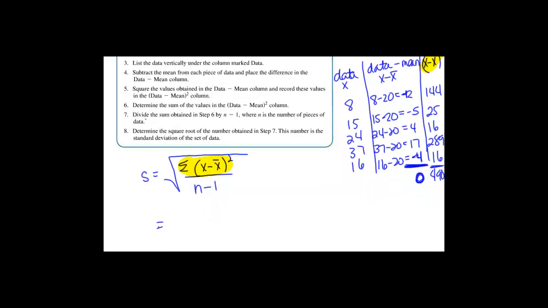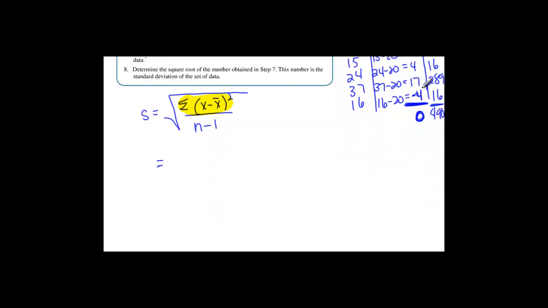Okay, so far we have the square root of 490 divided by n, the number of pieces in your data set, which was 5, minus 1 gives me 4. And then in my calculator, we can do this all at once.